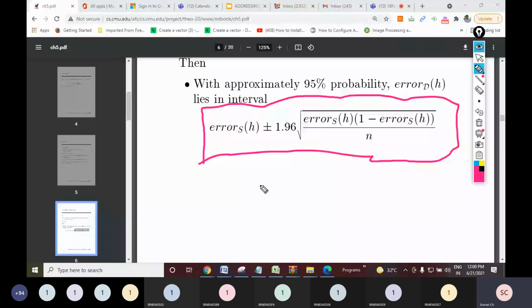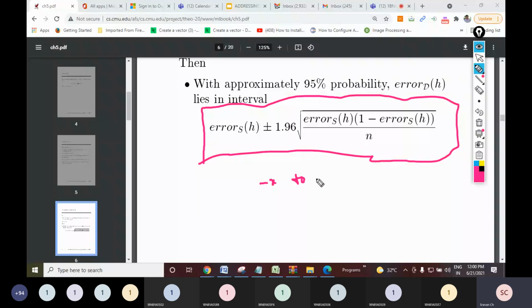So error S of h plus or minus 1.96 times the square root of error S of h into 1 minus error S of h, divided by n. When I calculate this, please observe there are two components, one plus and another minus, so it will give me an interval. Interval means range, from minus x to plus x.